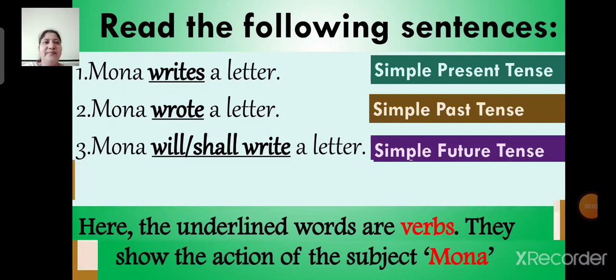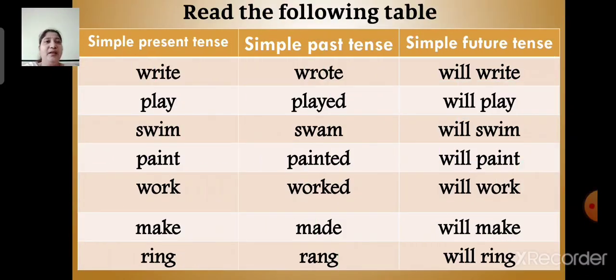Now children, read the following table. Simple present tense, simple past tense and simple future tense. Write, wrote, will write. Play, played, will play.